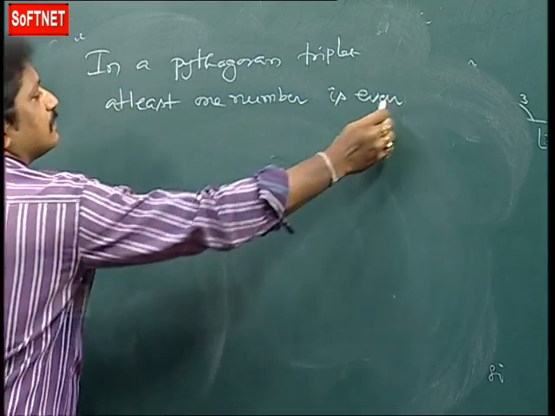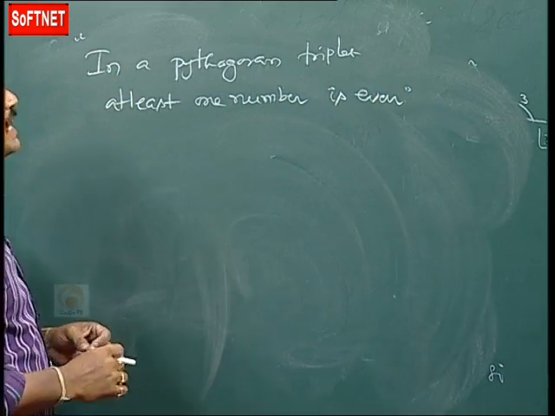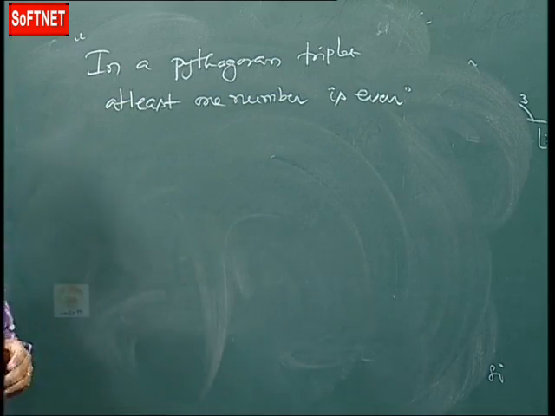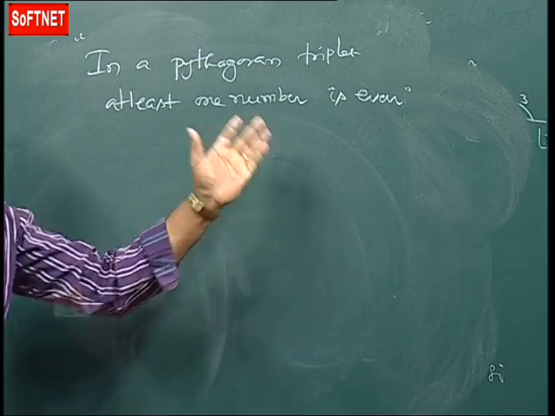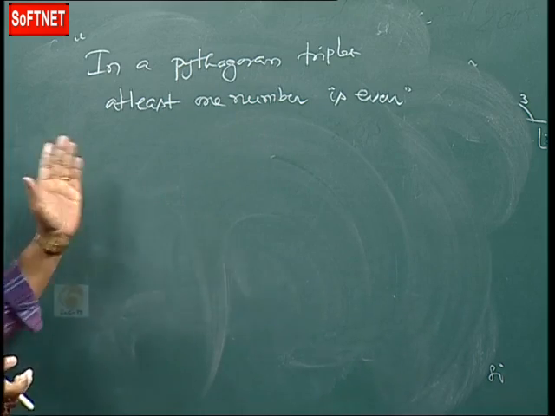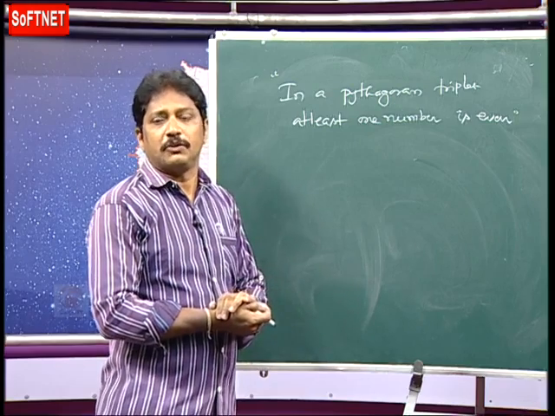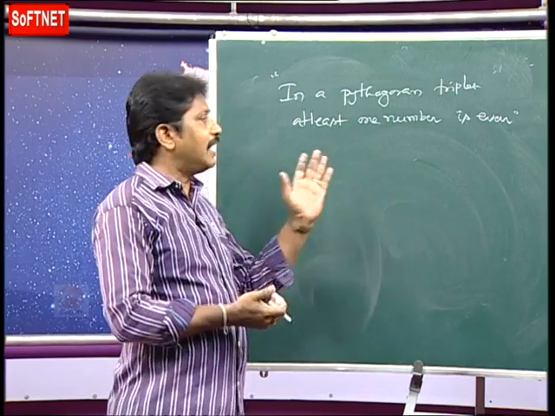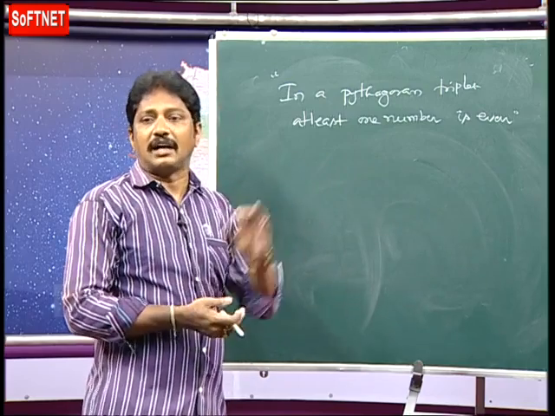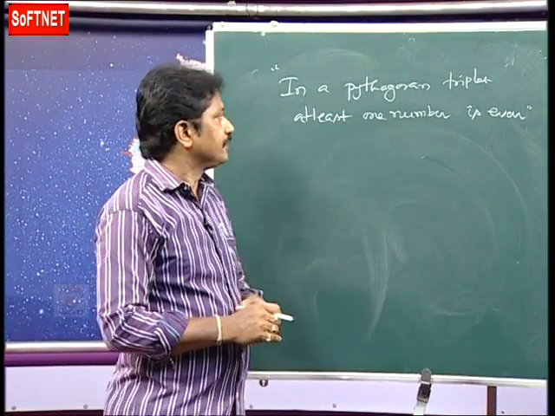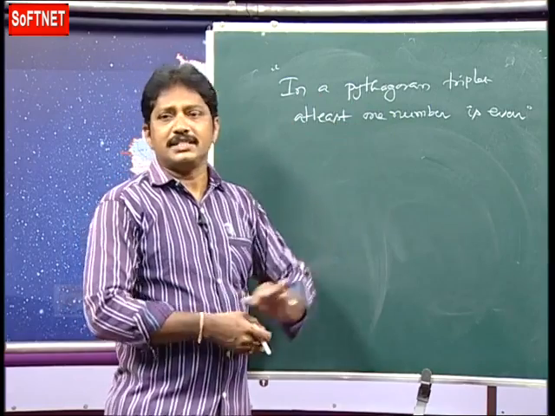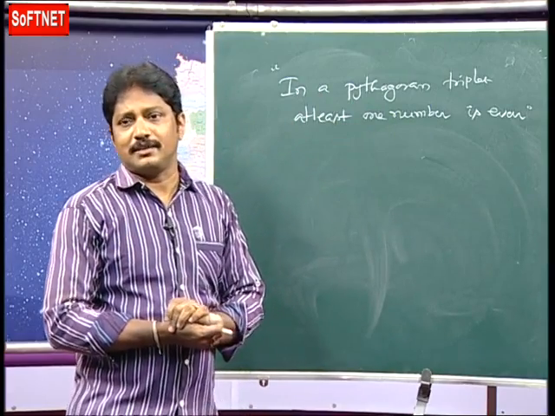This question may come in the examination. Which of the following statements is true? The first one, at least one number is an even number. No one is an even number. All are prime numbers. All are odd numbers. When it is given as a multiple choice question, they will ask this. In a Pythagorean triplet, at least one number is an even number. Here the concept is very, very important.